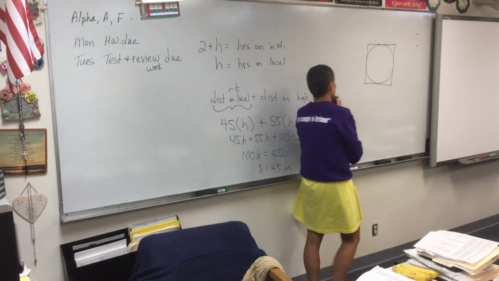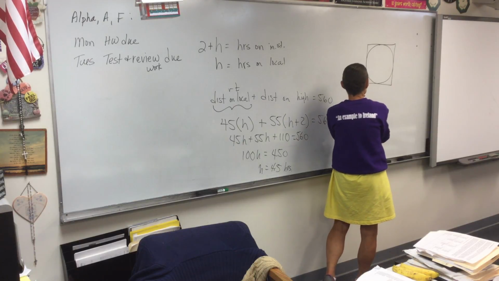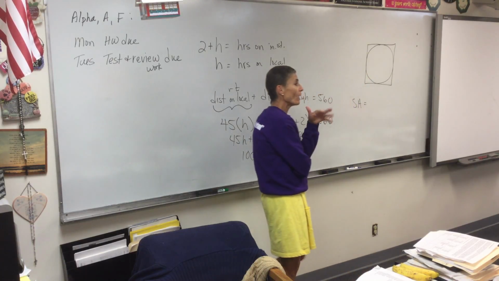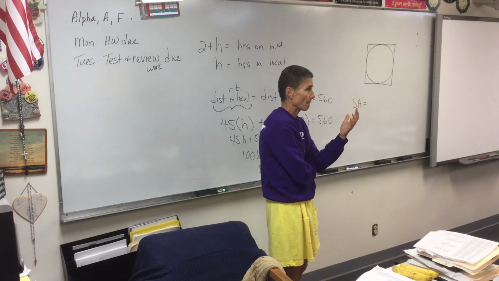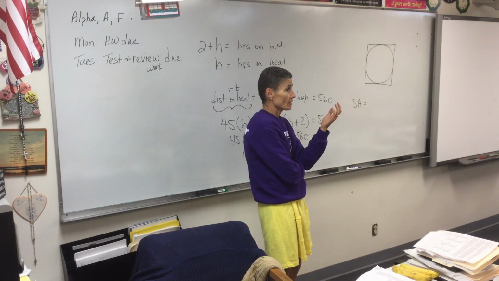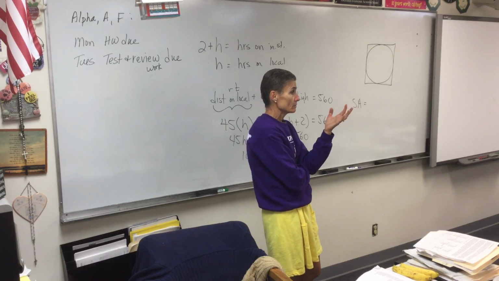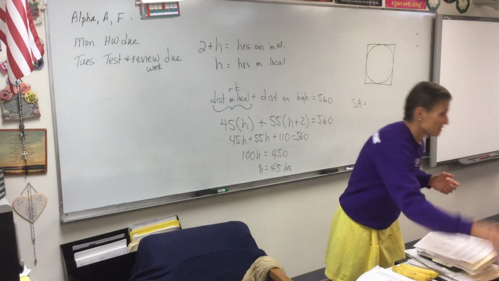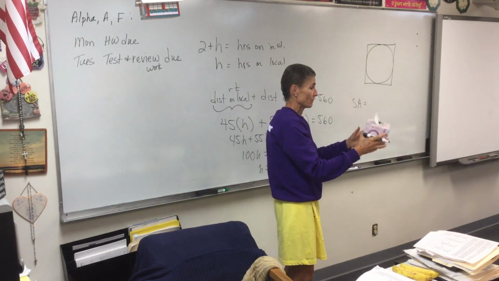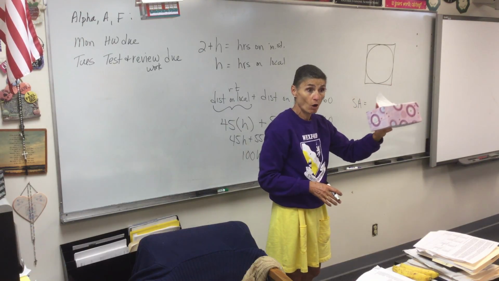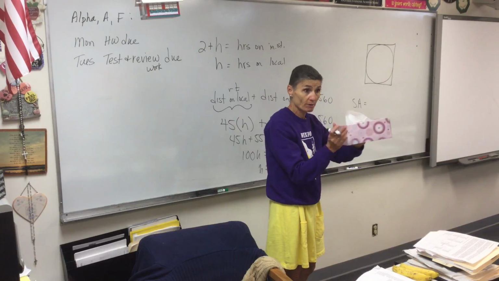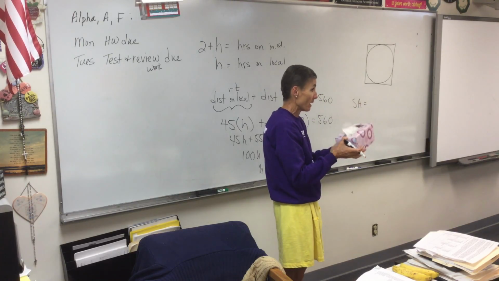And my job is to find the surface area of the cube. Now, what do I know about surface area? What is surface area? If I were looking at this box right here, how would I find the surface area of it? Add up the areas of all the sides, including the top and the bottom.